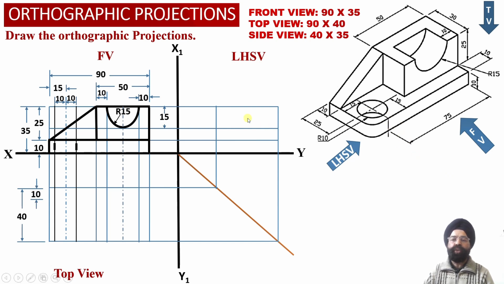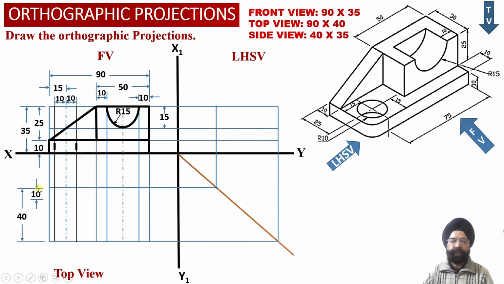Now let us proceed to evaluate the top view projections of the solid. As the observer is going to look at the solid from the top, we observe that corresponding to element number 2, a triangular vertical web lying on the rear side of the solid, and this back web corresponding to the rectangular block has a depth equal to 10 millimeter.